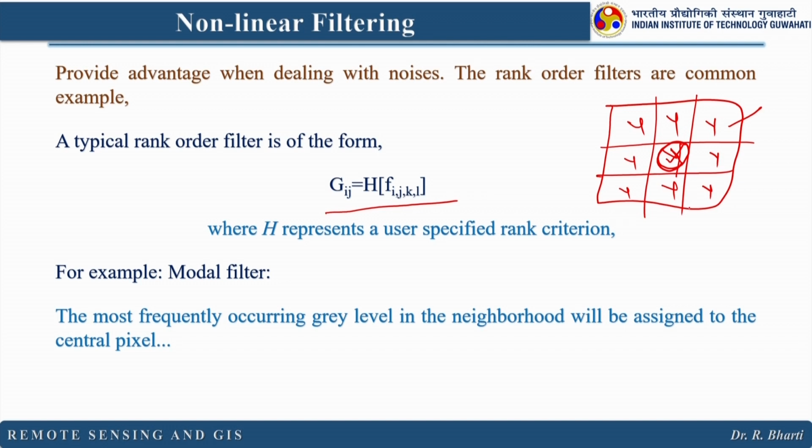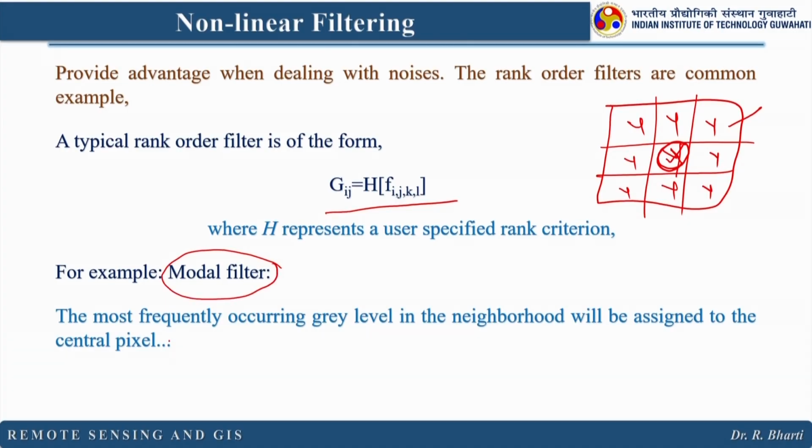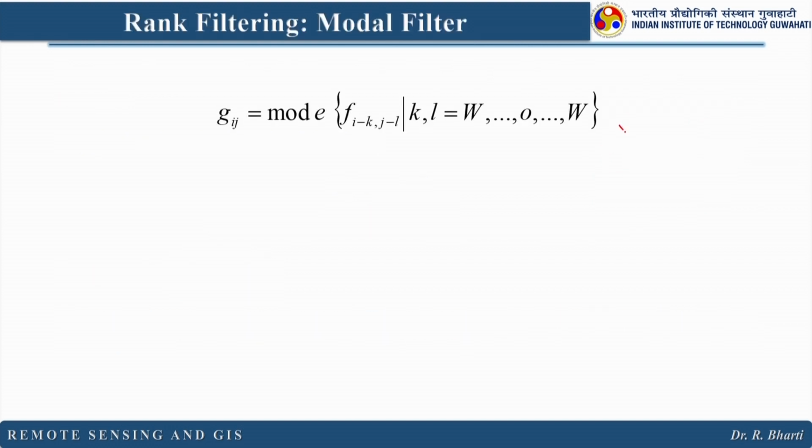So it doesn't preserve your central pixel value. It will simply be replaced according to the ranking criterion. So when you use a modal filter, the most frequently occurring gray label pixel value will be replaced. This is the general expression of mode.